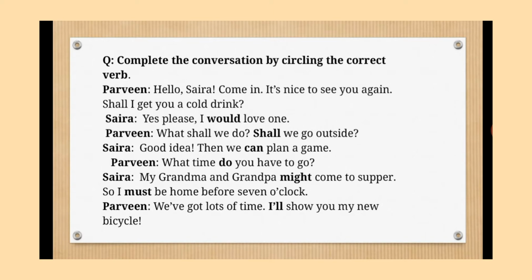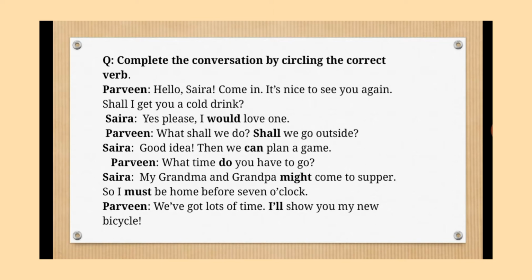Saira: Good idea. Then we can plan a game. Here you will circle can. Can and could. Can is the present form and could is the past form. When you are talking at present, you will use can. Parveen: What time do you have to go?